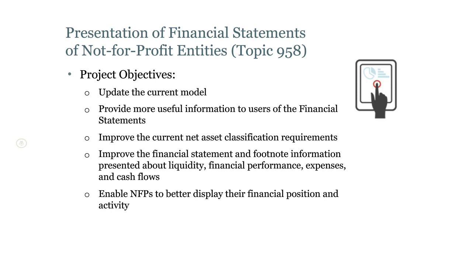Just a quick overview on project objectives. This was really the first real change to nonprofit financial reporting since 116.117 came out, which was a long time ago. So this is really to update the current model and provide better user information on the financial statements. They talked about the net asset classification.